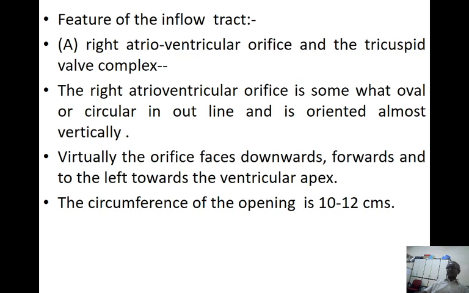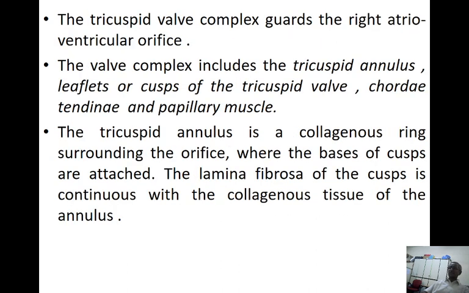Features of the inflow tract: the right atrioventricular orifice and the tricuspid valve complex. The right atrioventricular orifice is somewhat oval or circular in outline and is oriented almost vertically. Virtually, the orifice faces downwards, forwards, and to the left towards the ventricular apex. The circumference of the opening is 10 to 12 centimeters.